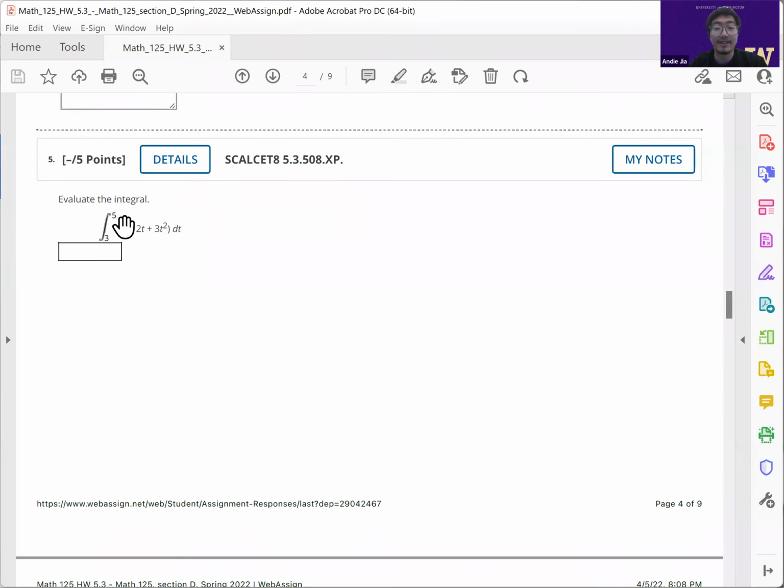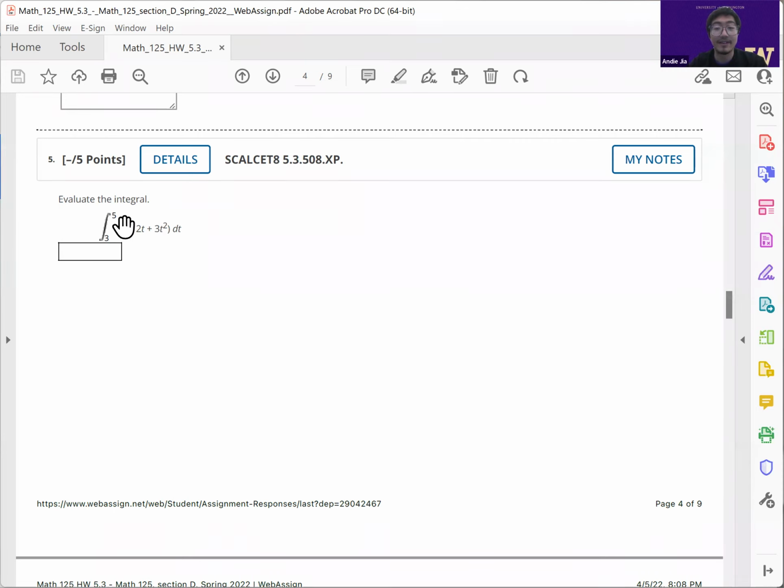A local minimum and local maximum occur where the first derivative changes sign. If the first derivative changes from positive to negative, then the local maximum occurs.